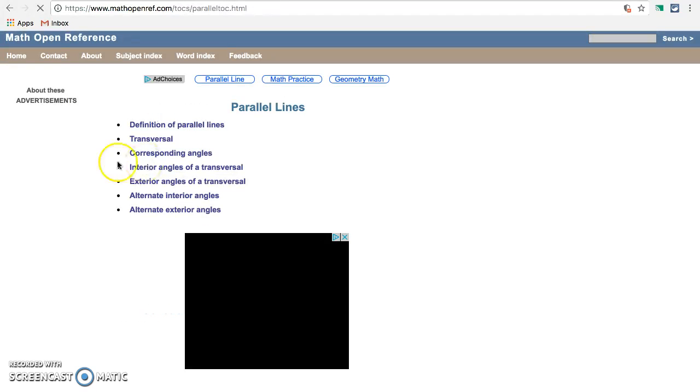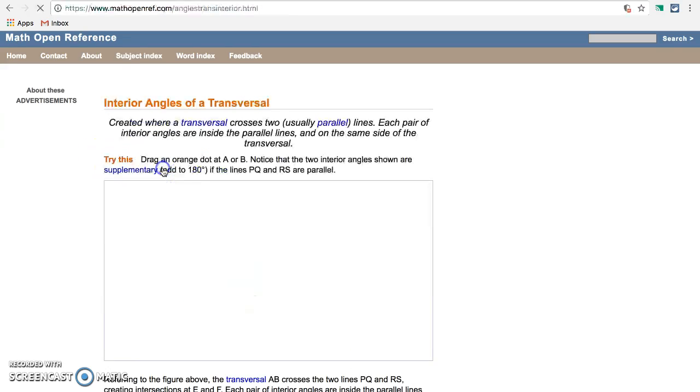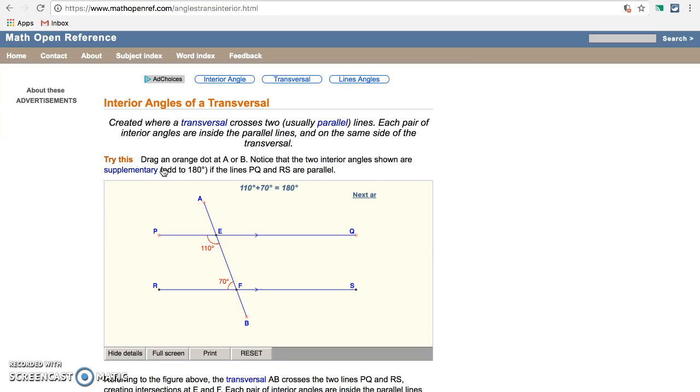So if I click on parallel lines and we go into this, within this I'm going to look at, say, the interior angles of a transversal on parallel lines. When I click on that, it brings us up and it shows that the interior angles of parallel lines cut by a transversal always add up to be 180 degrees.